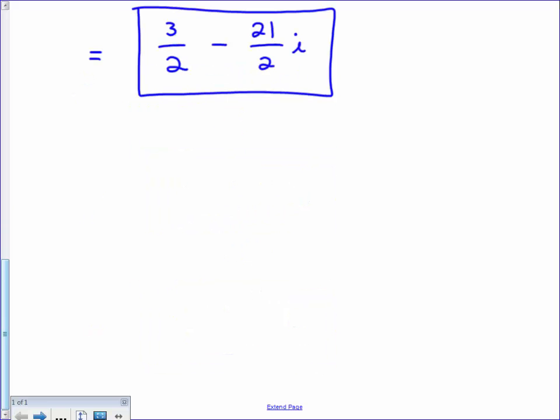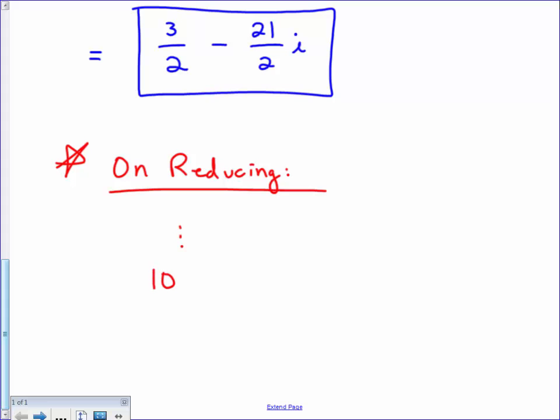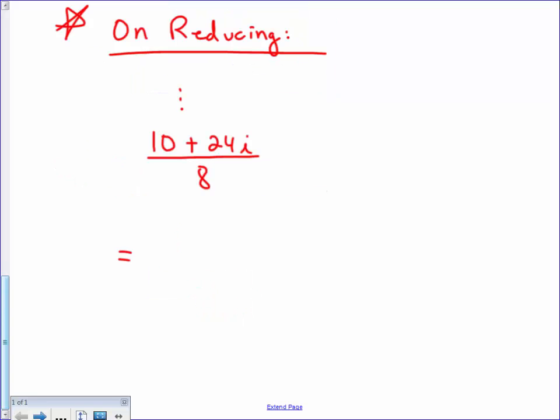I'm going to make a note on reducing. So put this in your notes and just say on reducing. What we have is 10 plus 24i all over 8 when you get to a particular step. To reduce that, go ahead and split it like we've done above. So you would say 10 over 8 plus 24 over 8i, but then you would reduce both fractions.